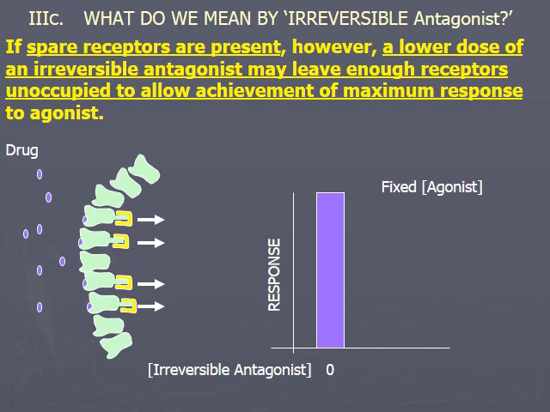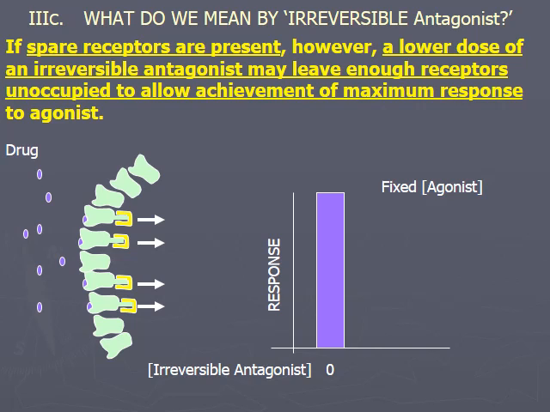It goes against this theory. In some tissues, at very low concentrations, where not all the receptors are stimulated, you can get a maximum response. And so, experimentally, spare receptors are identified at low concentrations, where receptors are not fully bound.